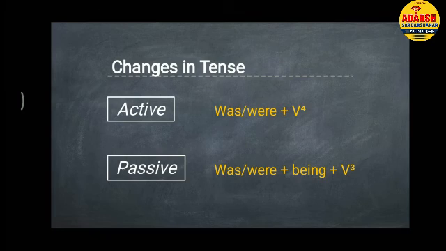If you see continuous form, then we put being in passive, and for the main verb we always use past participle in passive. So this is the helping verb in active and passive. Let me again repeat it. In active it is was plus verb's fourth form, and in passive was plus being plus verb's third form.